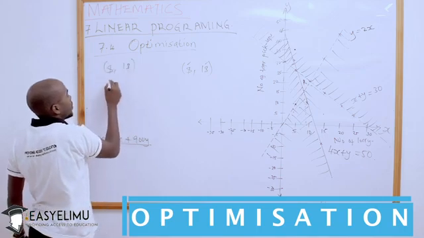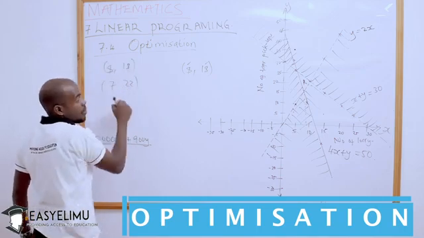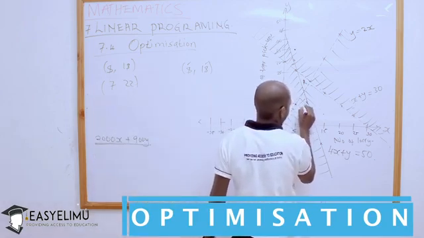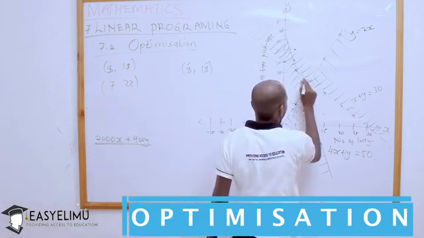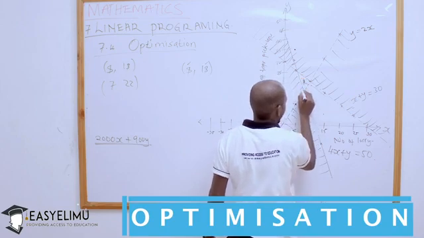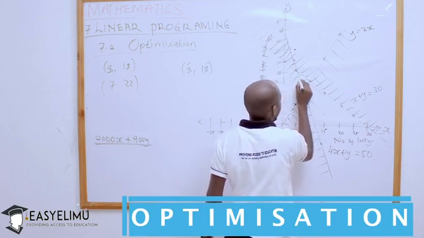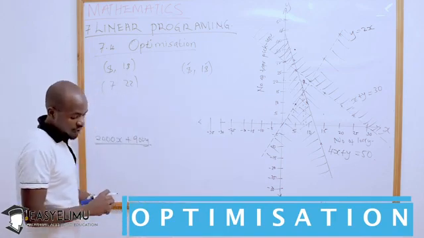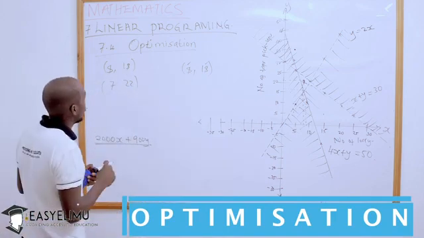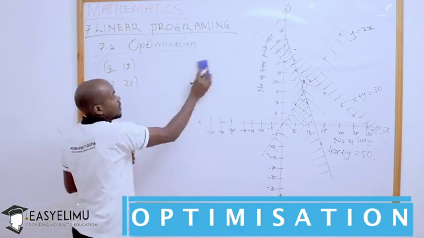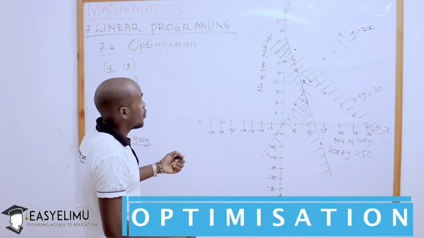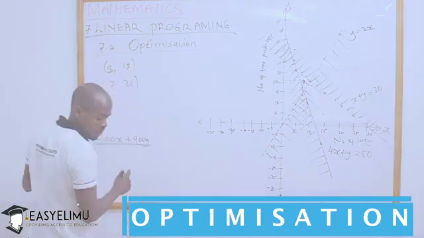If you go up, you will find another point which is at 8, 22, and also 7, 22 actually, and you will find other points. Let me just give highlights of the points which you may find from that region.